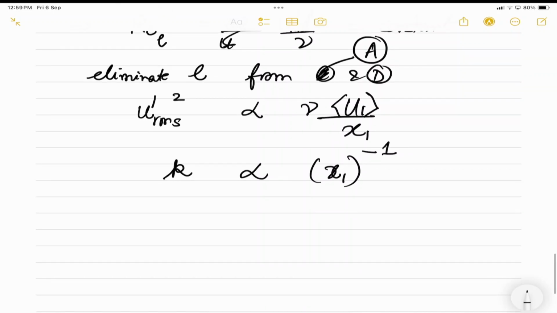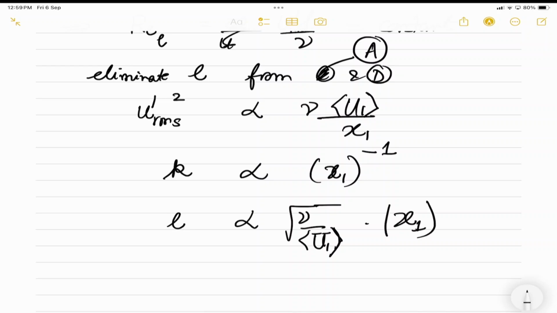And similarly, if you work out L in this case, it turns out to be proportional to root of nu over mean u1. I'm using this proportionality because there will be some constants again, C and C1, times x1 to the power of half.